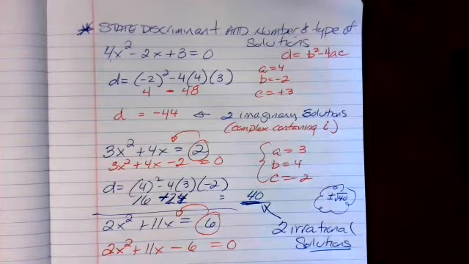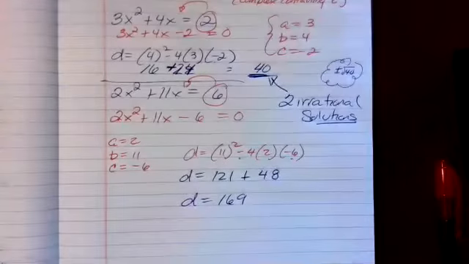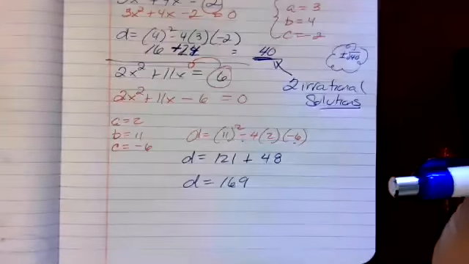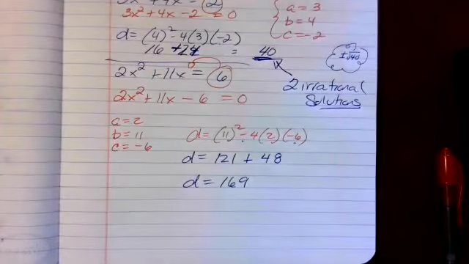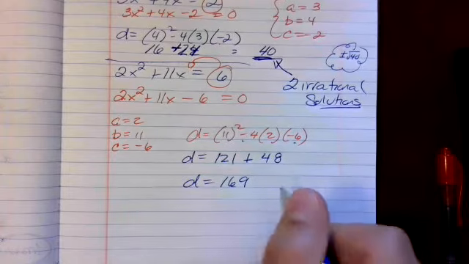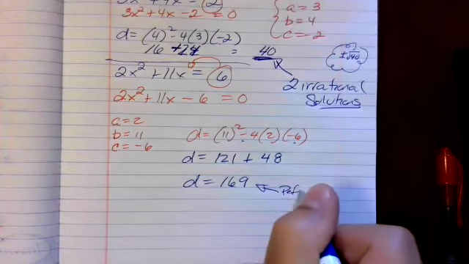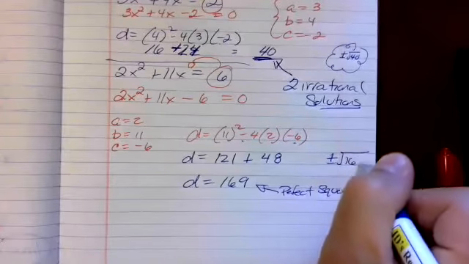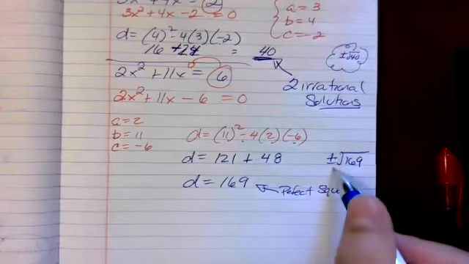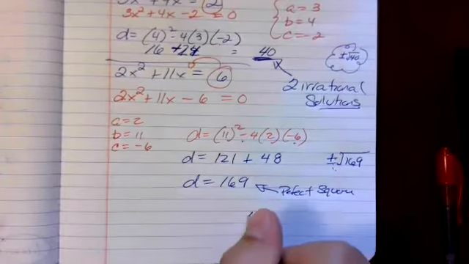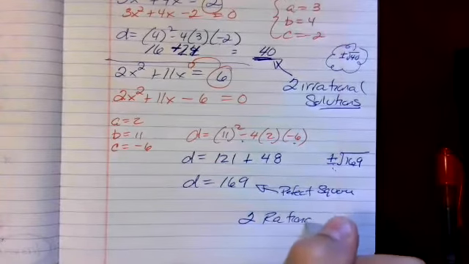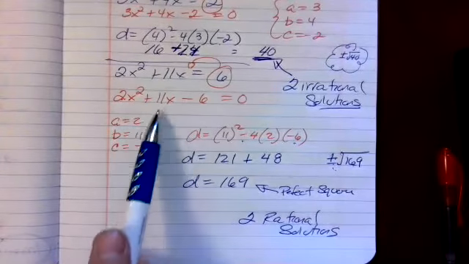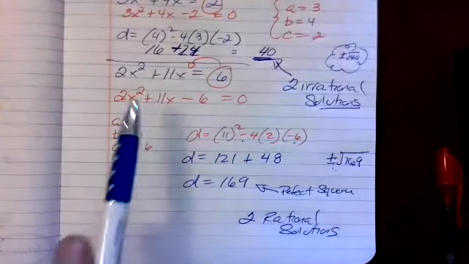D is equal to 169, which is a perfect square. And if I have 169 under the radical, I'm going to have two rational solutions. Which means if I saw this problem and I wasn't sure if it could be factored, it can be factored.